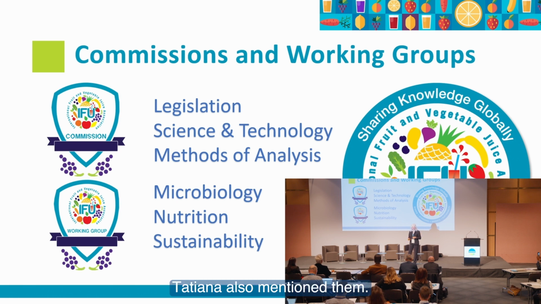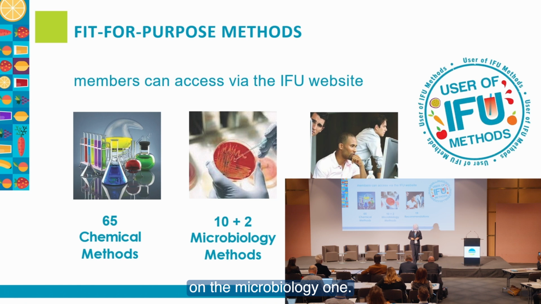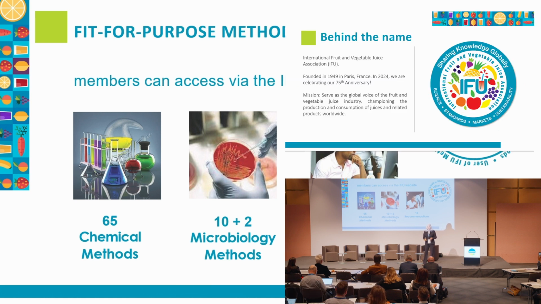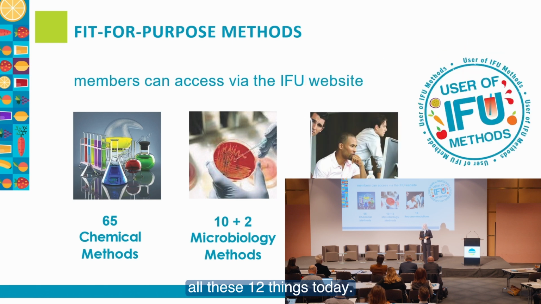Tatiana also mentioned them, and I'm going to focus on the microbiology one. We have 65 chemical methods, 19 recommendations, and for microbiology we have 10 methods and 2 recommendations. I will go through all these 12 things today.